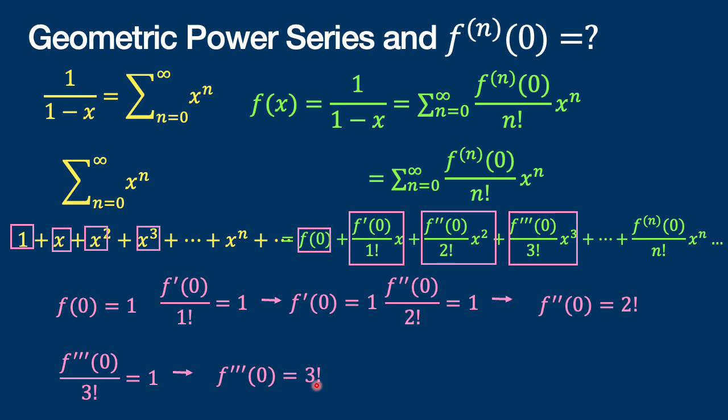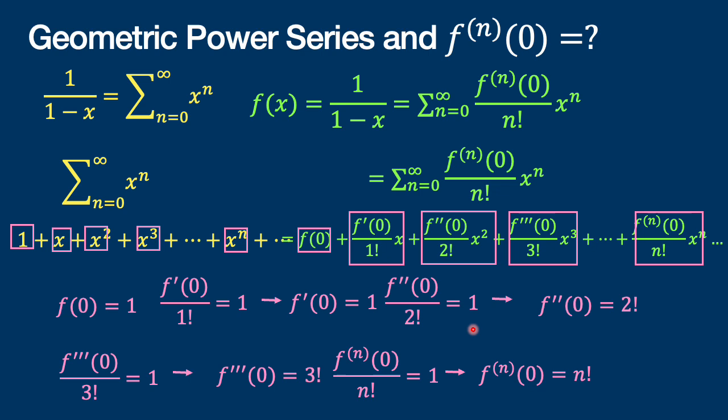I think you can guess what the next one is. For x^n, the degree n term on the left is exactly the same as the degree n term on the right. So f^(n)(0) over n factorial equals 1, and f^(n)(0) is n factorial.